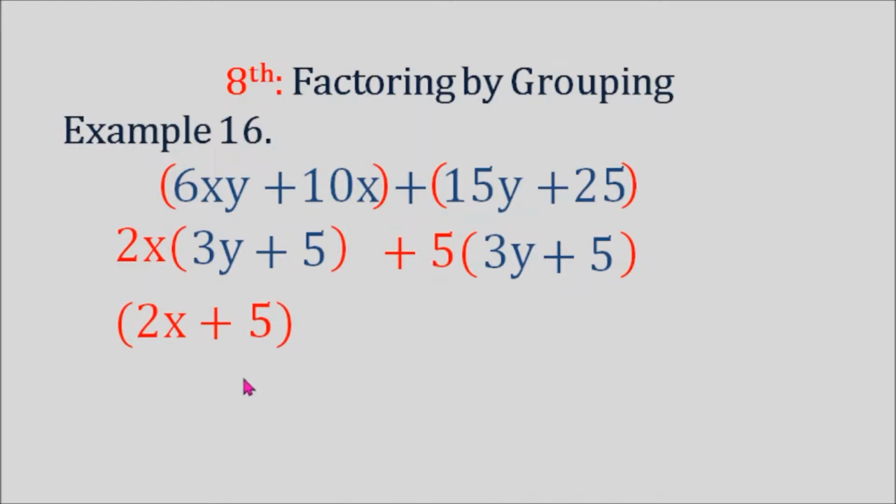Our first binomial factor is the sum of 2x and 5, so that's 2x plus 5. Our second binomial factor is the common binomial factor between the two groups, that's 3y plus 5. So these are the factors, the quantity 2x plus 5 times the quantity 3y plus 5.